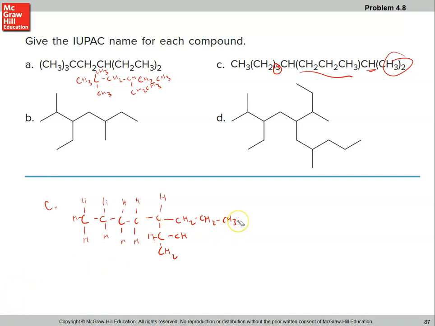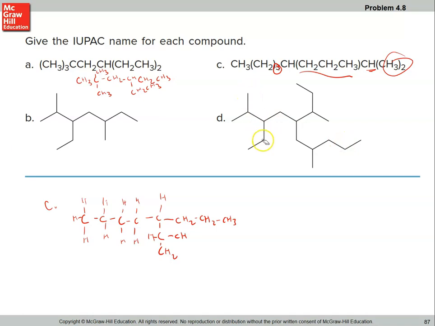D, this is one of the more tricky ones. We're going to start numbering up here in this corner. Methyl, ethyl, propyl, butyl, pentyl, hexyl, heptyl, octyl, nonyl, decyl. So we got a decane, which is our longest group. We have multiple substituent groups coming off of this long chain.